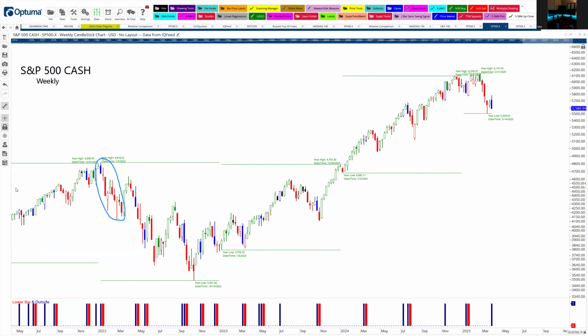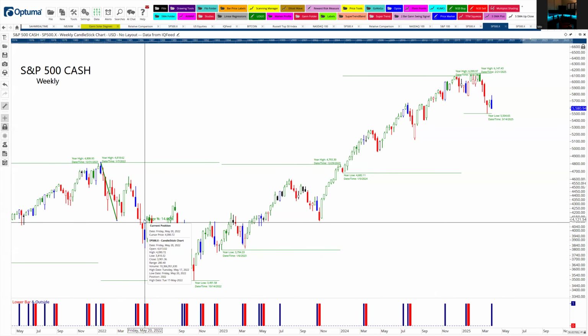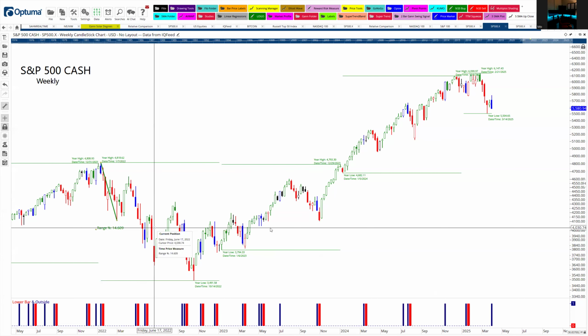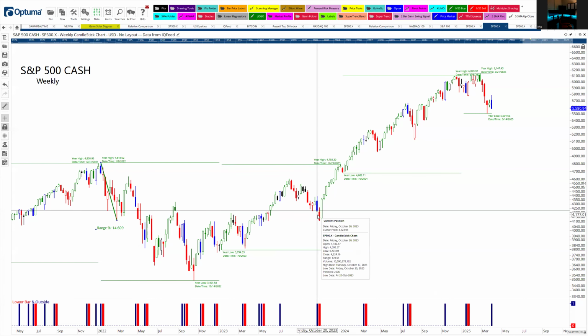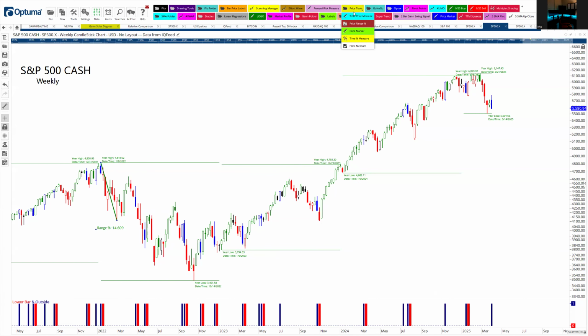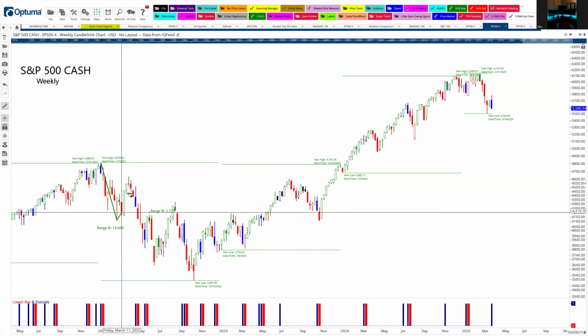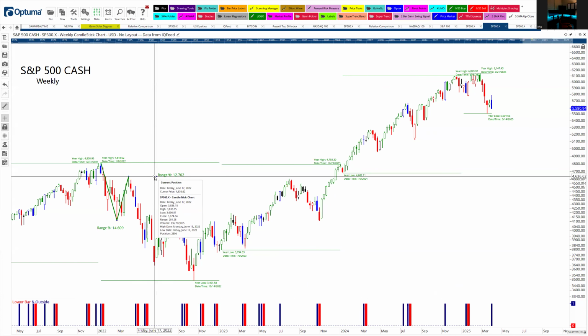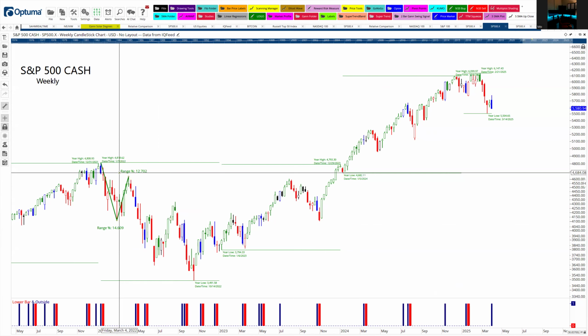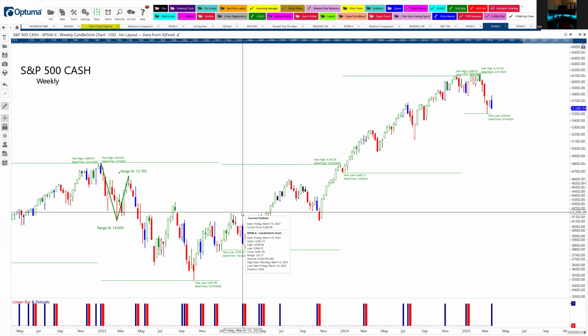And how much was it? Let's see. Want to compare patterns? You can compare. It was 14.60, so we have a 14.60 decline with 12.70% upside.